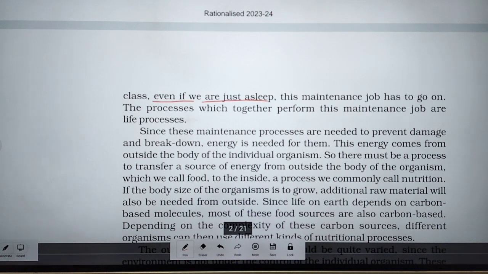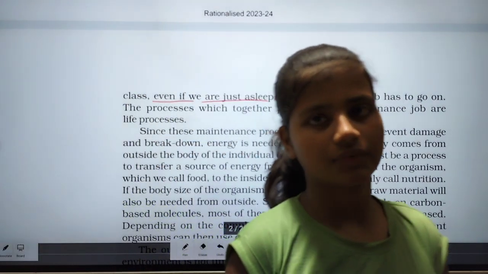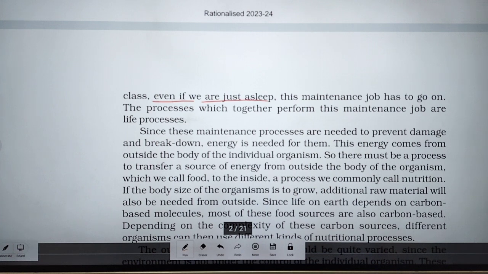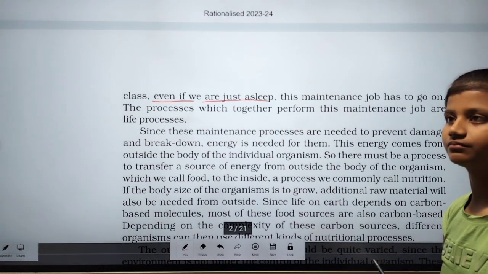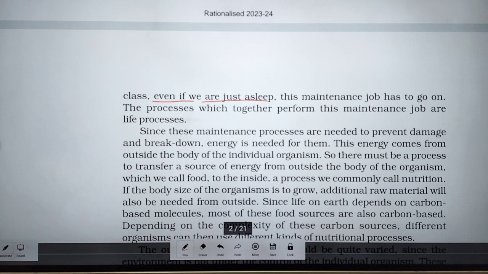This maintenance job has to go on. It means that even if you are asleep, our maintenance job does not stop; it has to keep going on.